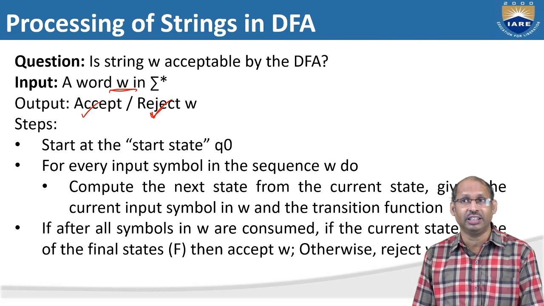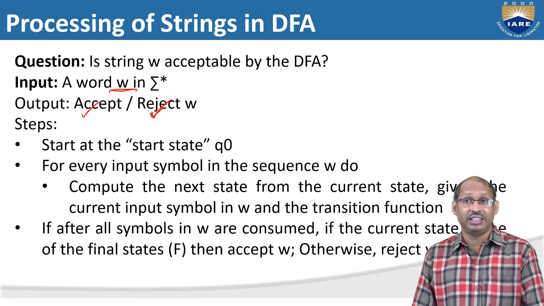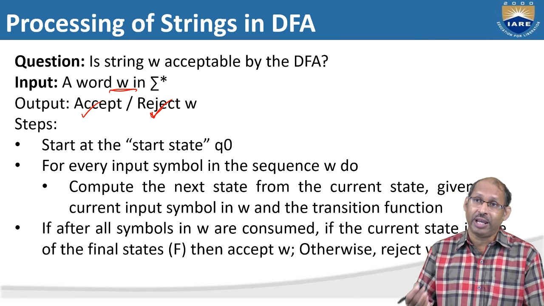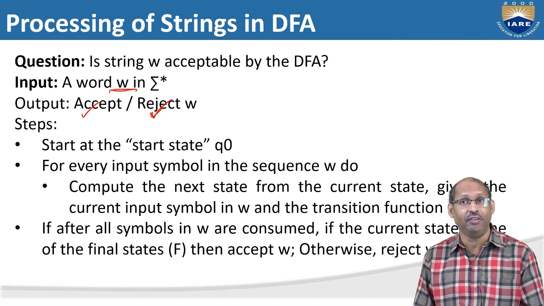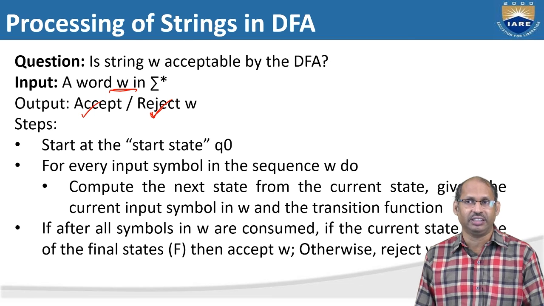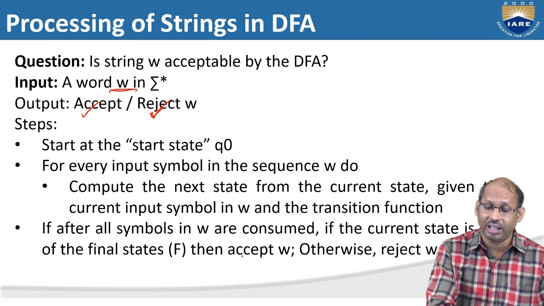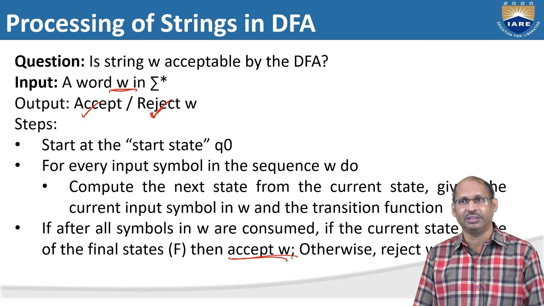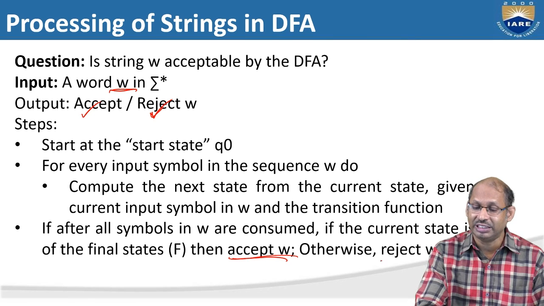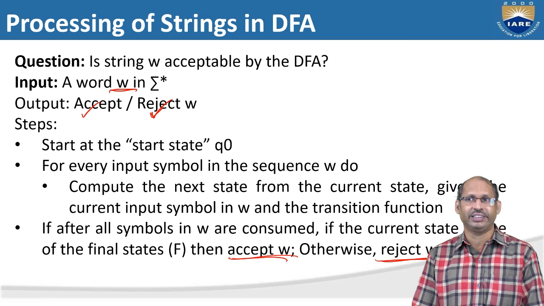For each input character it will change from one state to another, with one transition. It might be the same state also. A state on accepting an input symbol may reach the same state, but it will have some transition. After reading all the input characters of the word w, if it reaches some final state, then the string is accepted. Otherwise, the string is not accepted.